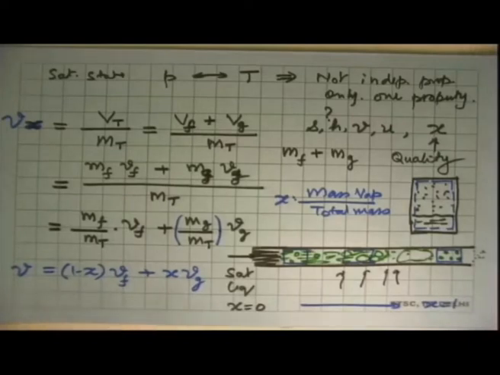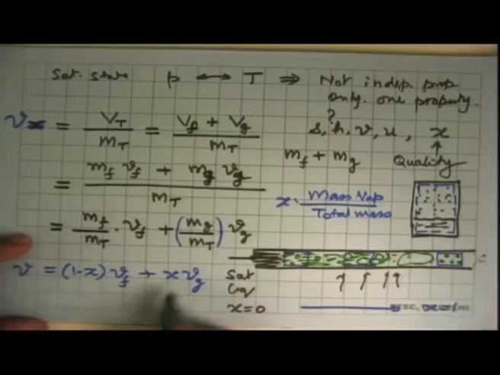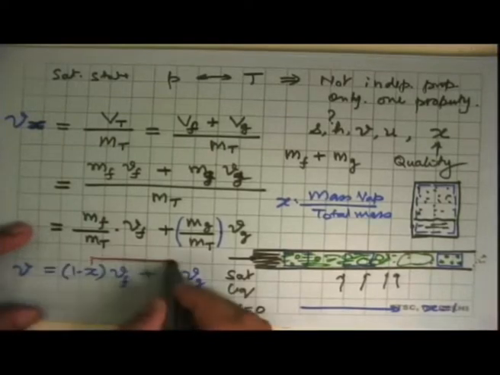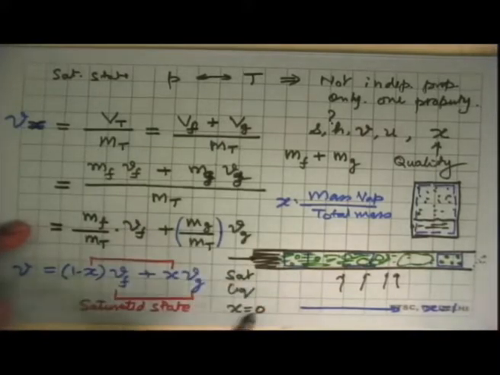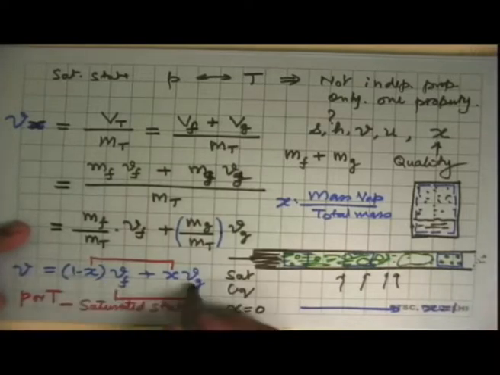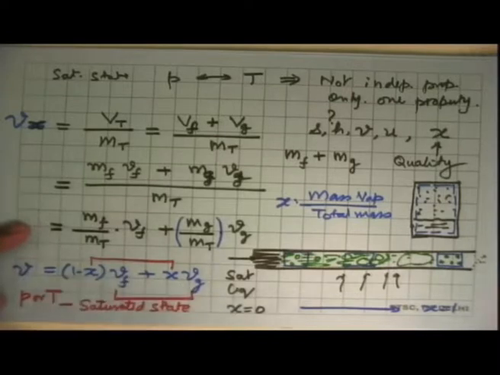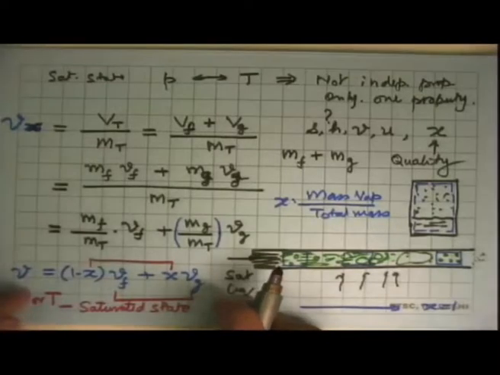Although this equation looks like we have three variables on the right side, x here and these two here, since these correspond to a saturated state, they are basically only one variable, which means that either we know the pressure or we know the temperature, and then from the property tables we can go and pick up Vf and Vg. So we are basically looking at only one variable here and one variable over there. We need two things, and that's what we can get from here.